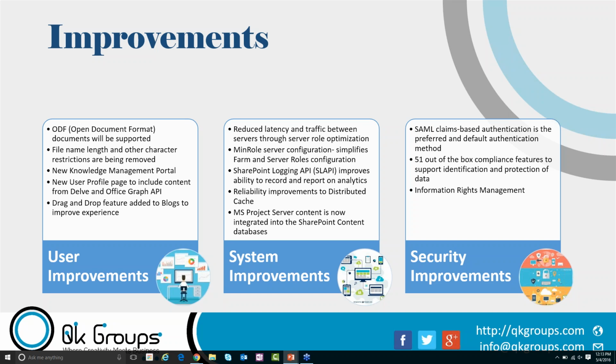Security improvements: SAML claims-based authentication is the preferred and default authentication method. There are 51 out-of-the-box compliance features to support identification and protection of data. So there are also other improvements such as document deletion and in-place hold policies.